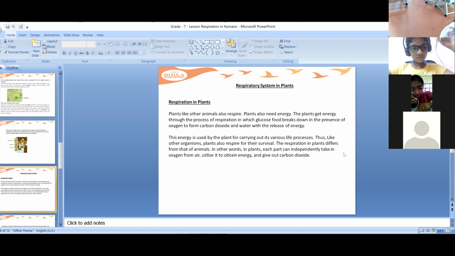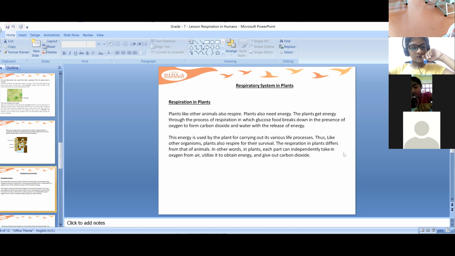By breaking down this food, the glucose molecules, they release energy.